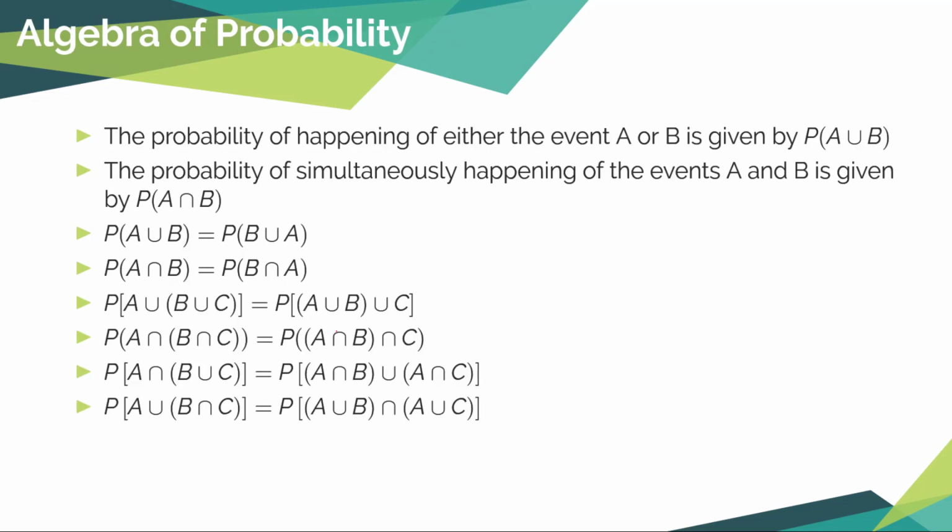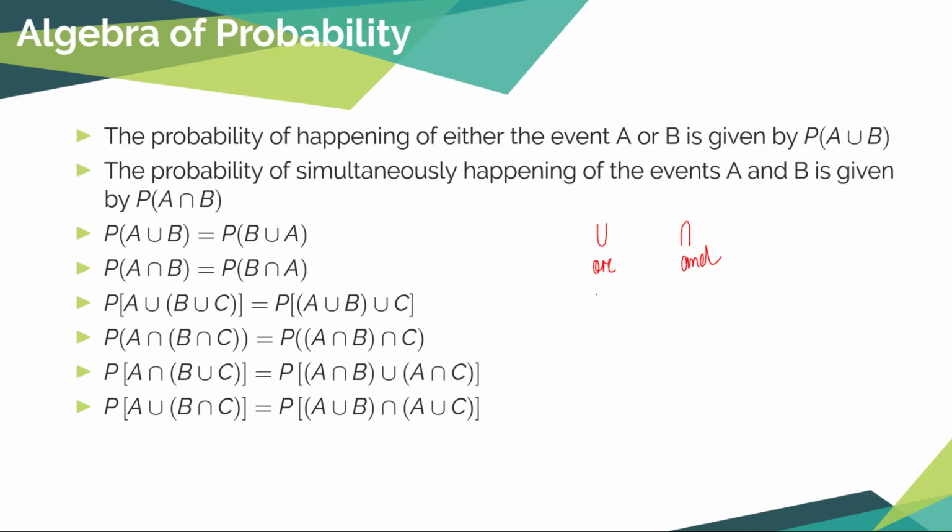Next, we have certain algebra of probability: the combination of different events, and how they are used in the theory or in the solution of problems related to probability. But before discussing them, we should be familiar with the terms union and intersection. Union denotes or, and intersection denotes and.